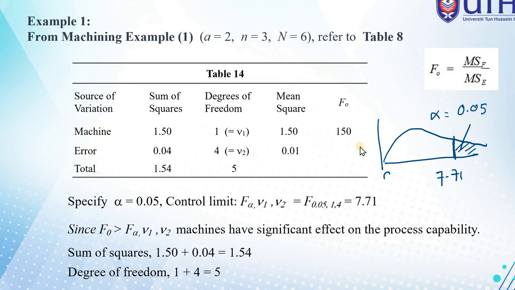It starts from 0 because all F values are positive, and then gets larger. So 150 is of course after 7.71, so it is included in the rejection region. That is why we reject the null hypothesis. That is how we make a decision and conclusion for the ANOVA test.